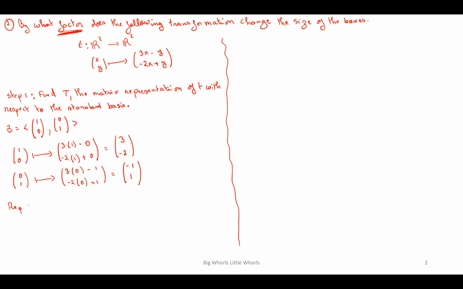of the vector (3, -2) with respect to B, the codomain basis.